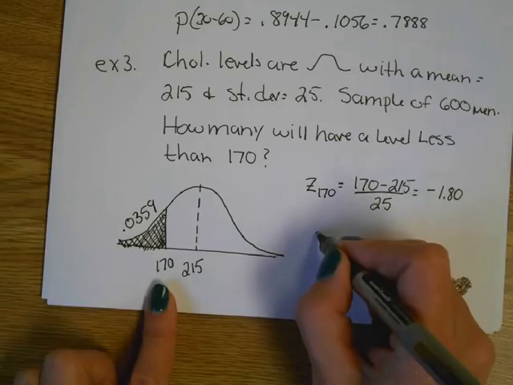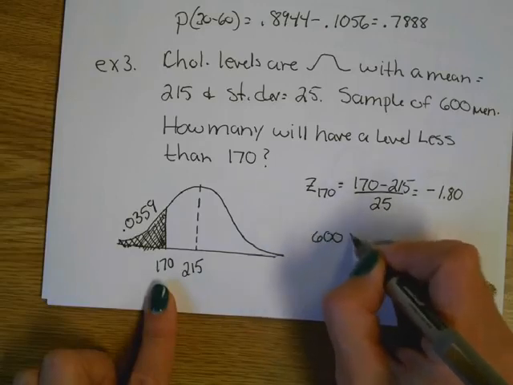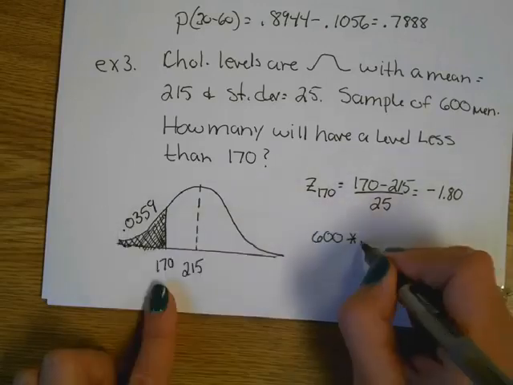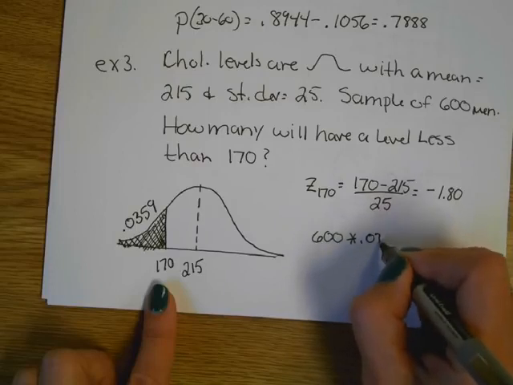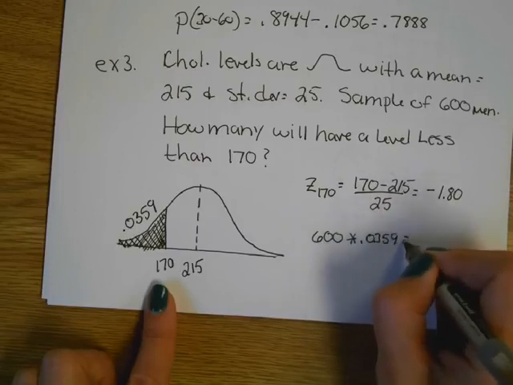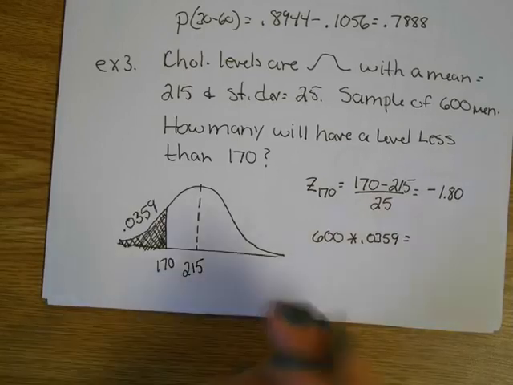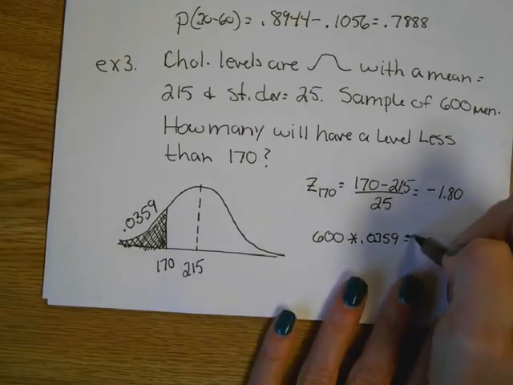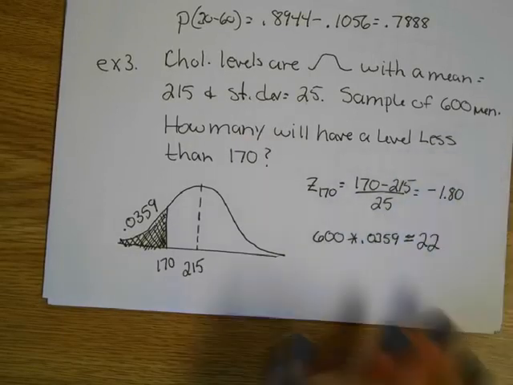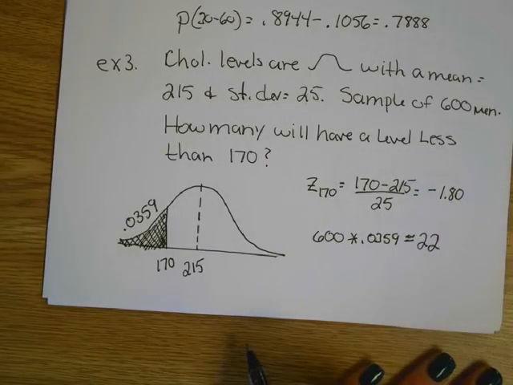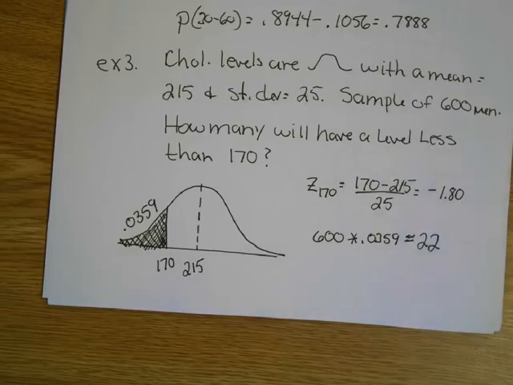So all you've got to do is take 600 and multiply by that probability, and that's how many you would expect to be in that part of the curve. 21.5 people. How many? 22. About 22 people. So it's one extra step of finding the probability and then multiplying.